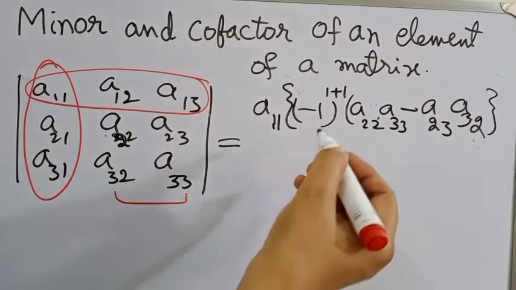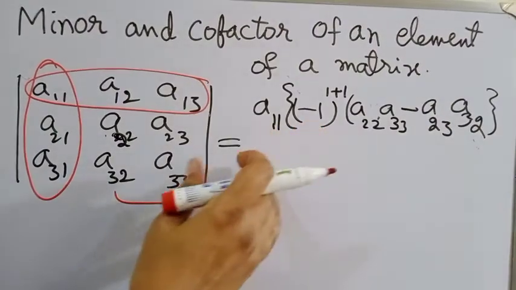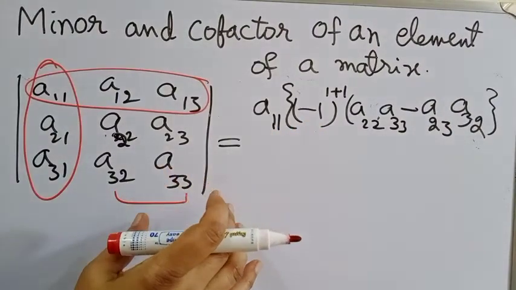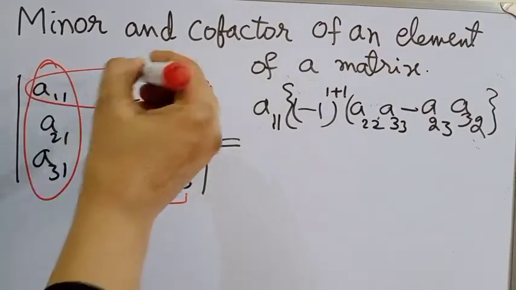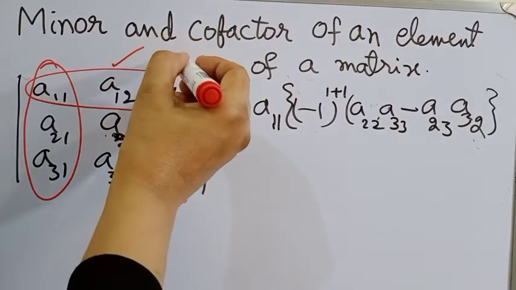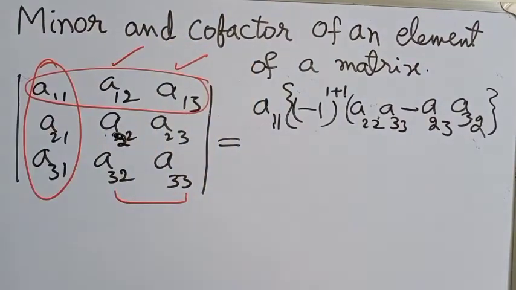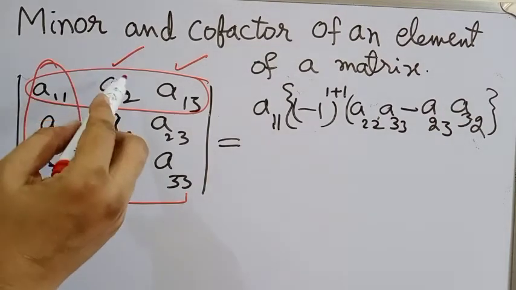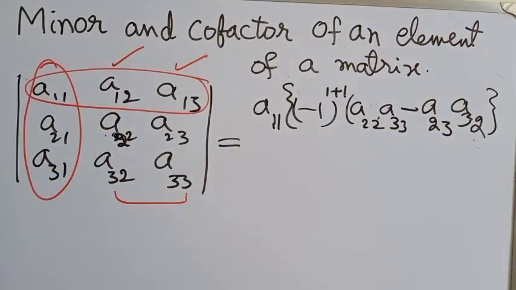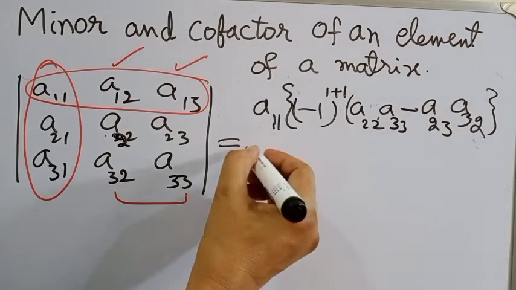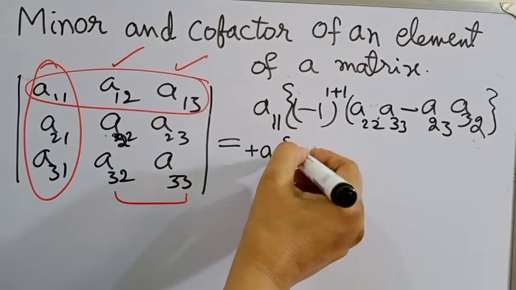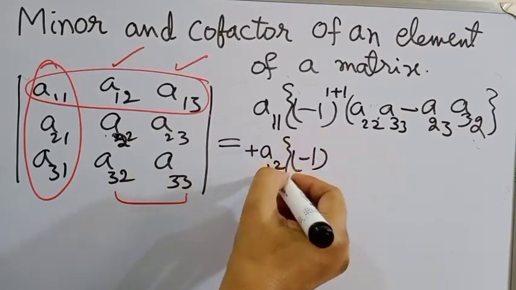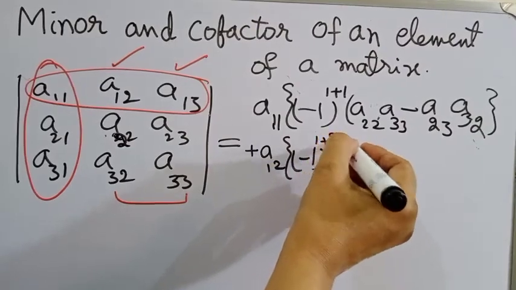This will be the first part of this determinant formula, and two elements remain in the first row, a12 and a13. Plus a12 multiplied with -1 power 1 plus 2, first row second column.